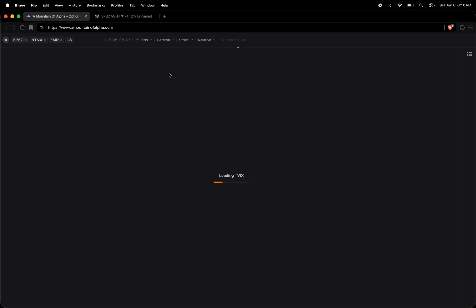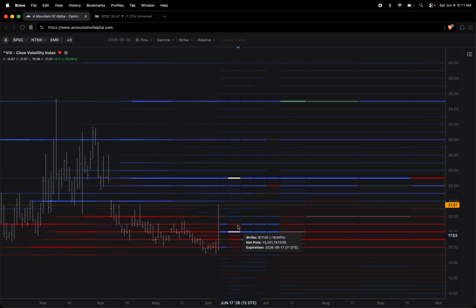you look at the gamma pins, and just be cautious of where the pins are. You could see there's this faint one here, 18, 35. And so if the 25 goes away and resolves after June, well, it's almost like a coin flip whether you're going to 35 or back down to 18, right?